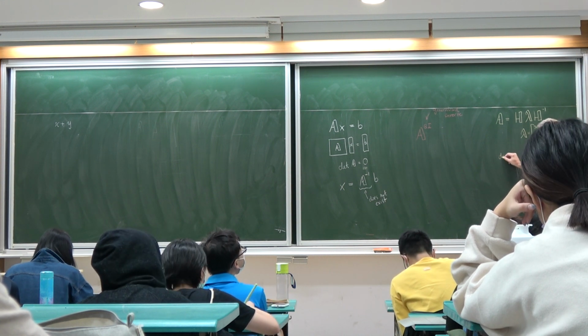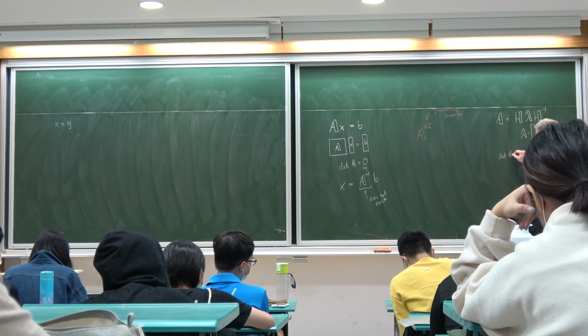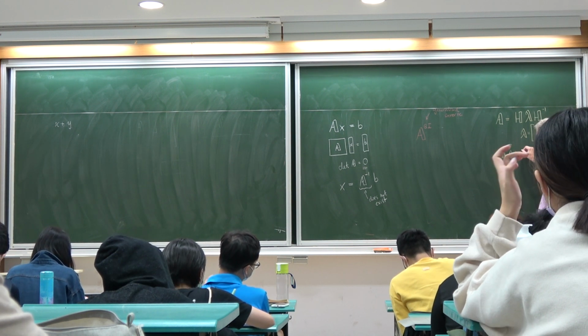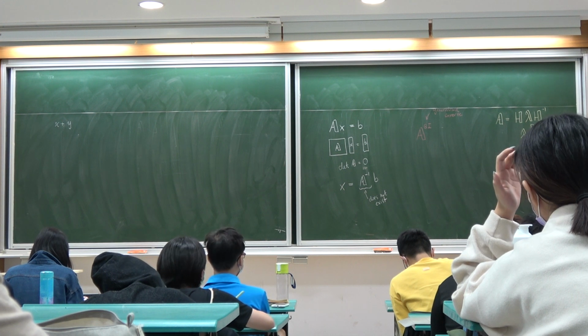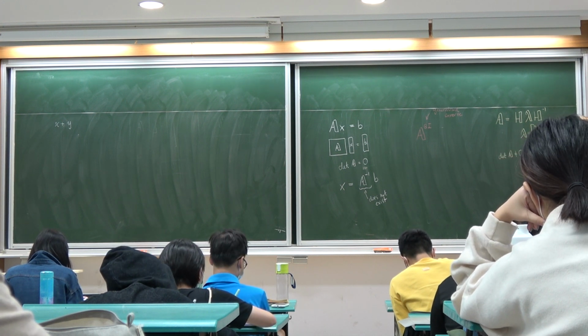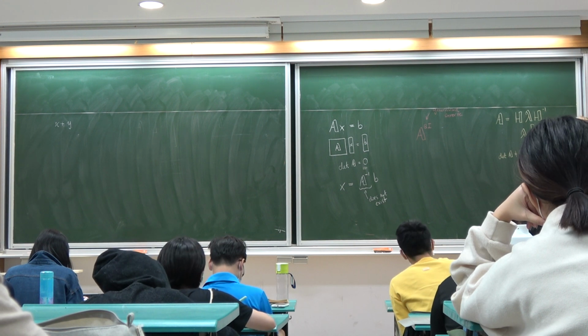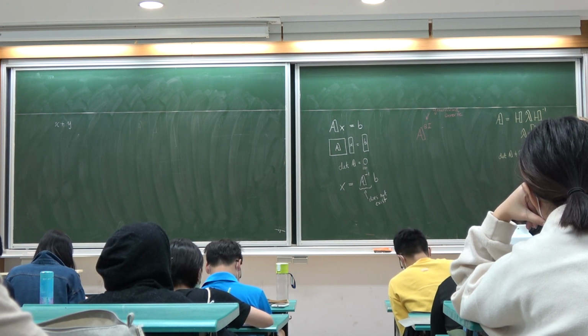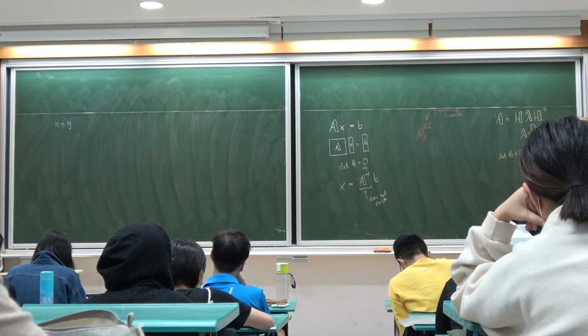If determinant of A is different than 0, that means that lambda 1 is different than 0, lambda 2 is different than 0, all lambdas are different than 0.